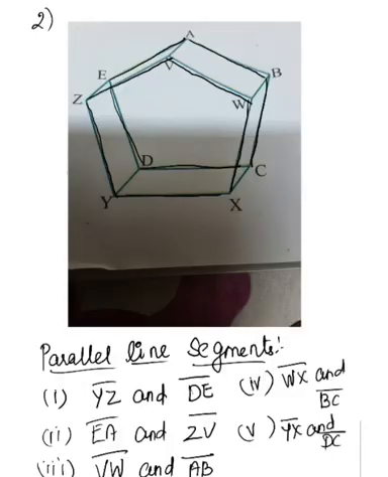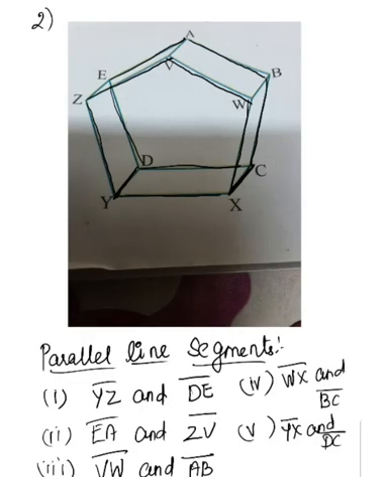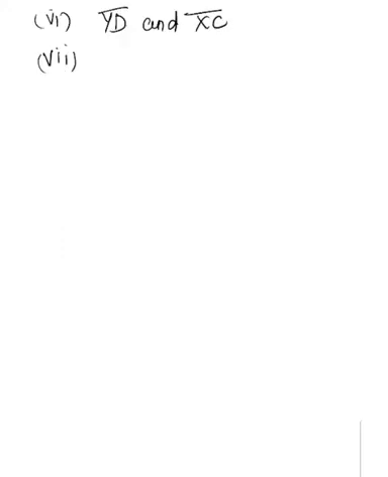The sixth one is YD and XC. Then the seventh one is XC and WB.